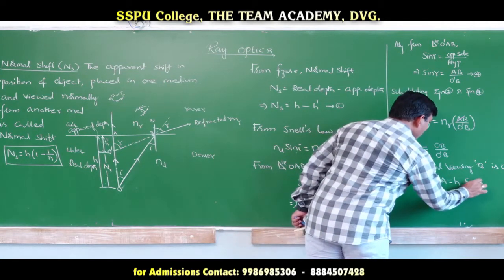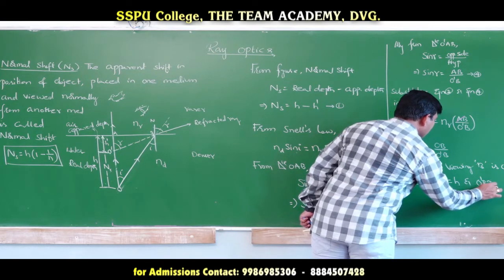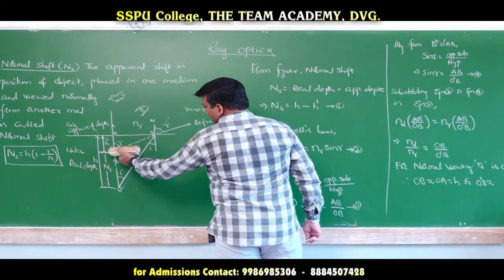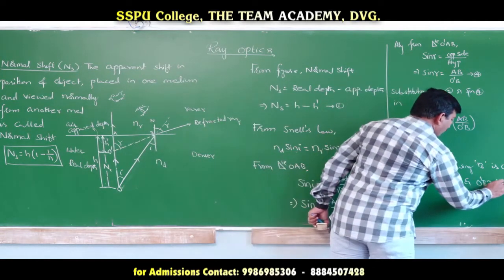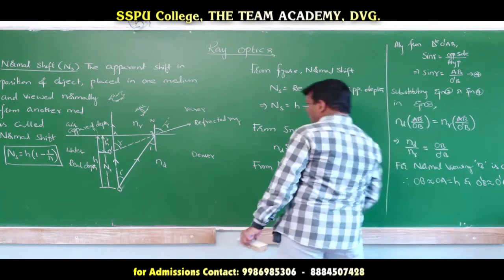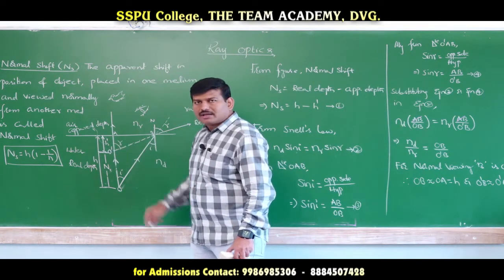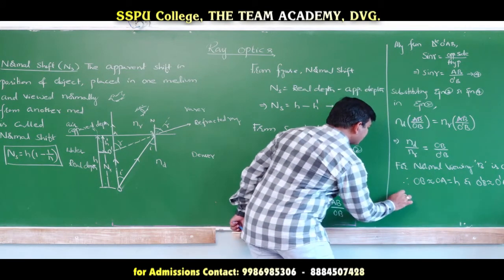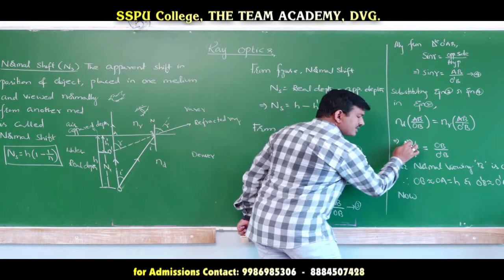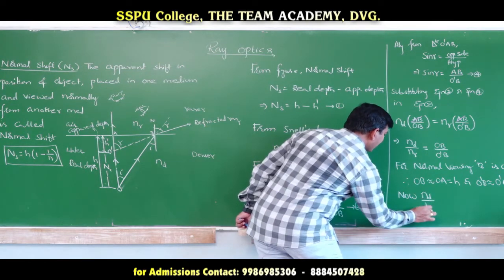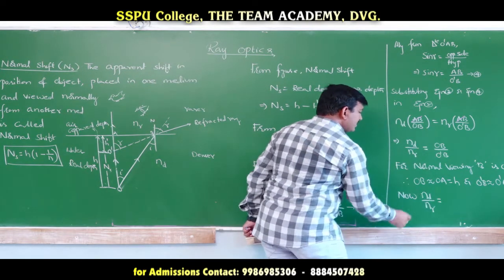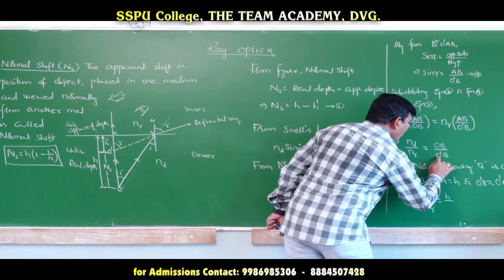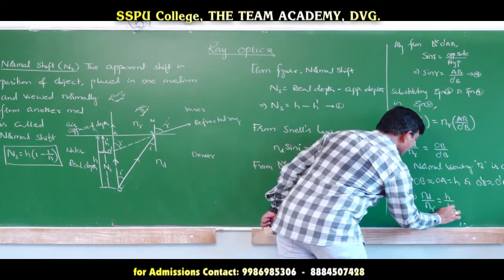And O dash B is approximately equal to O dash A, which is nothing but h dash, the apparent depth. Now, using this equation, nd divided by nr is equal to h divided by h dash. This is what we are getting.